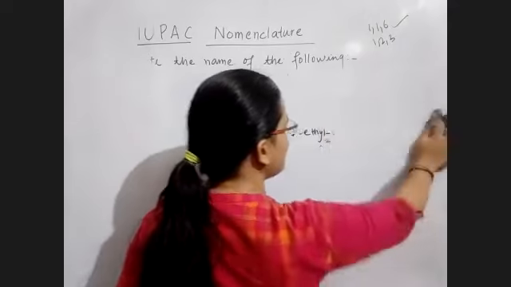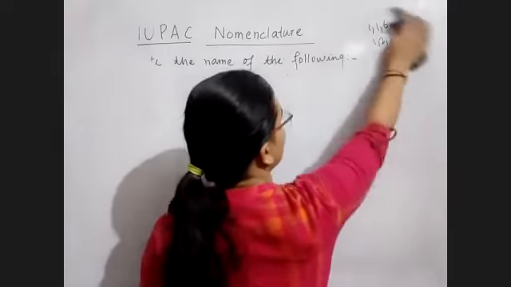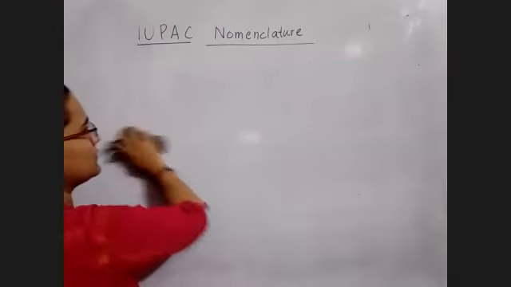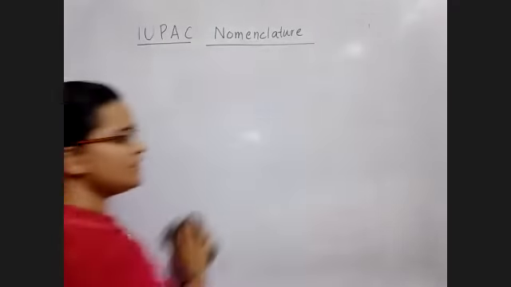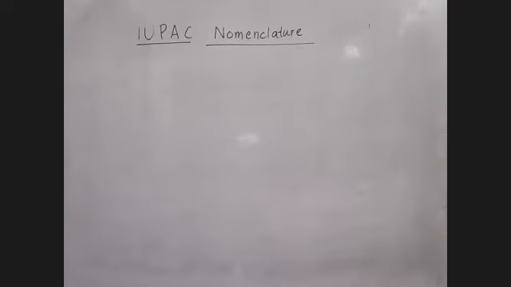Can we write 6 branches, 5 branch? What are you saying? Which branch? Okay, if you write down 6 carbon atom. Okay, correct. The name will be 1-methyl-thioridine.